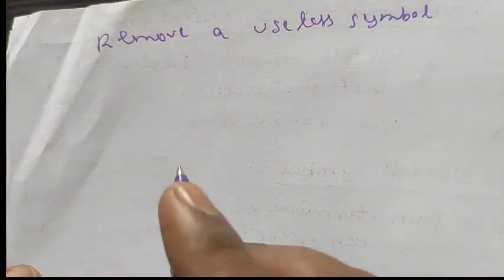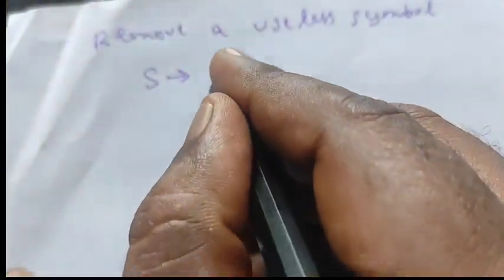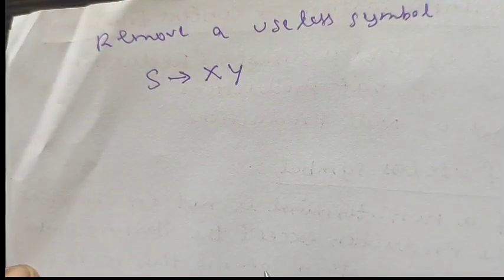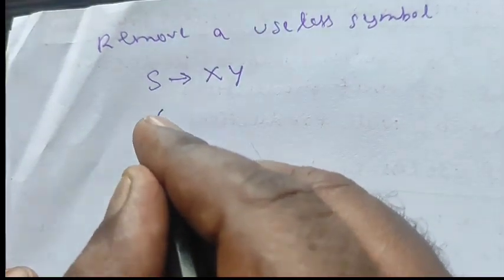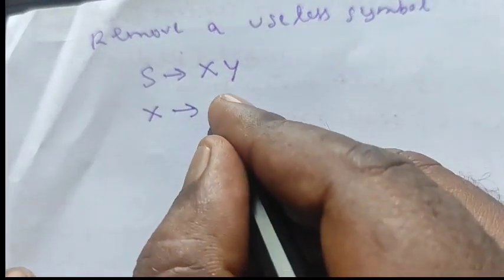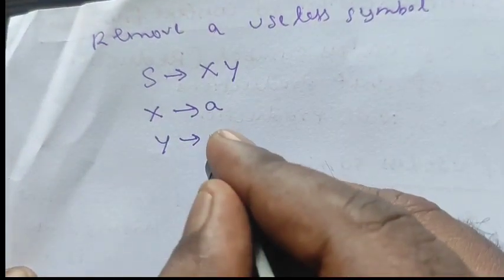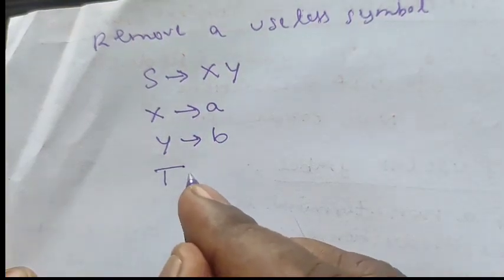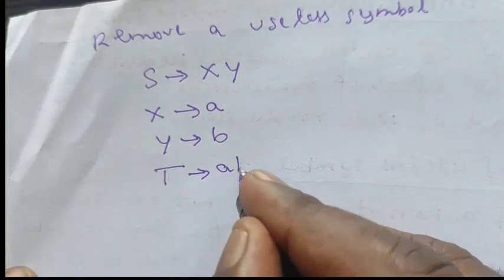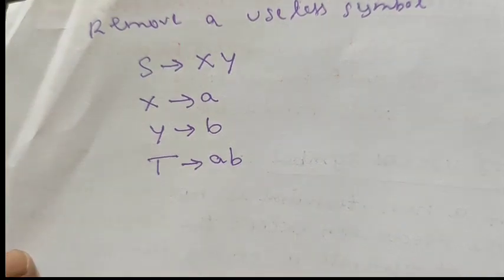Capital X and Y, and X tends to small a and Y tends to small b, and I will write a production called T tends to a, b. Now we have to eliminate a useless symbol.